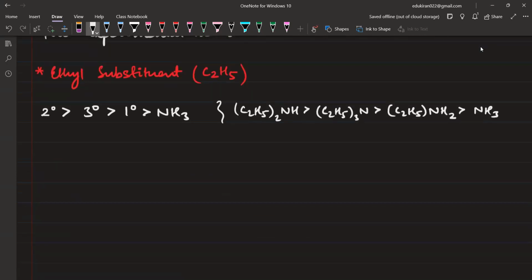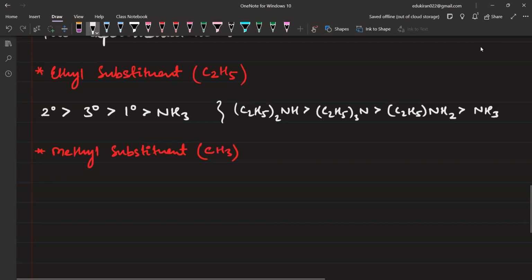Now, दूसरा जो आपको याद करना है, that is methyl substituent. When you have methyl substituent, in this case, 2 degree, 1 degree, then 3 degree, and then NH3.